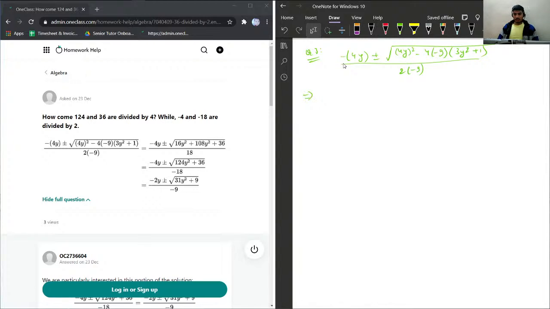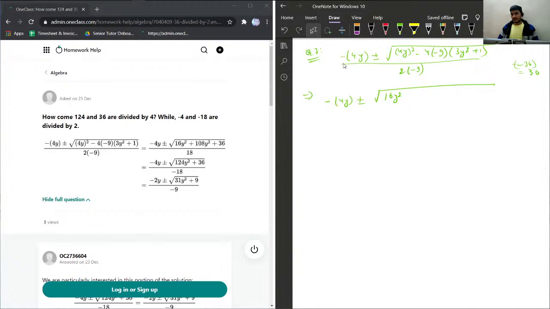So first we need to solve this and simplify this. I'll write negative of 4y plus minus under root. This 4y whole square will become 16y square, and this will be 4 into 9, 36. This will be minus 36, and with a negative sign this will become plus 36.